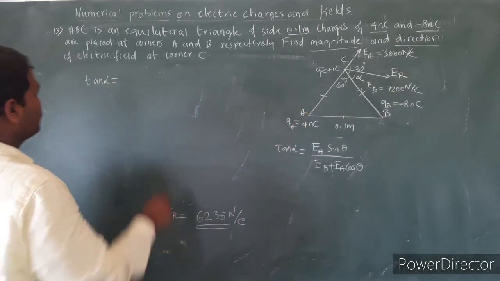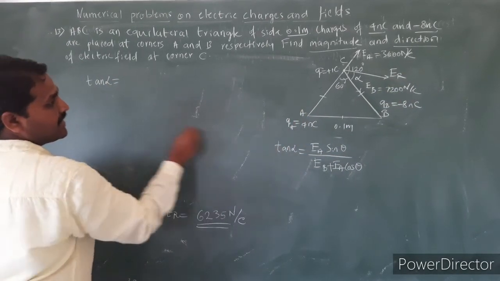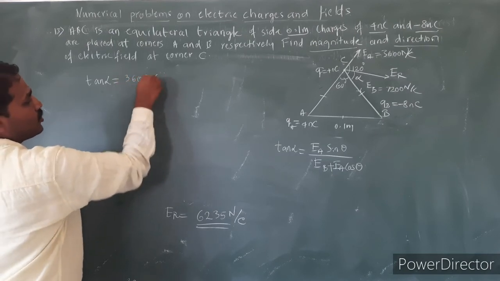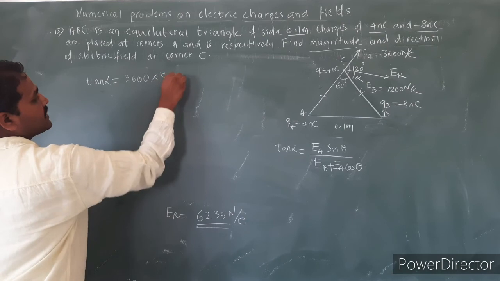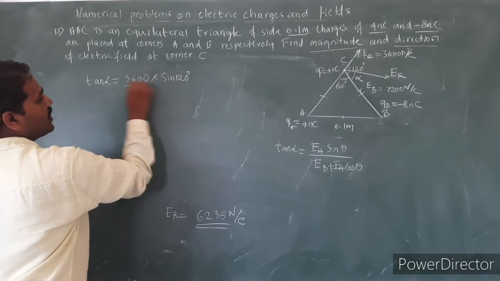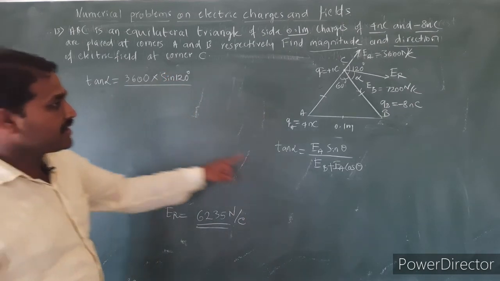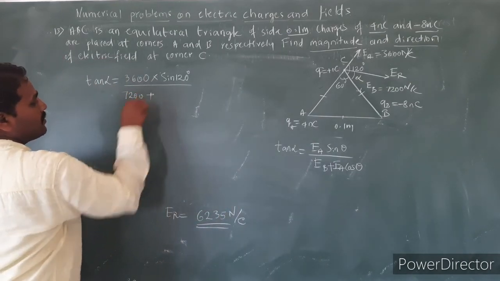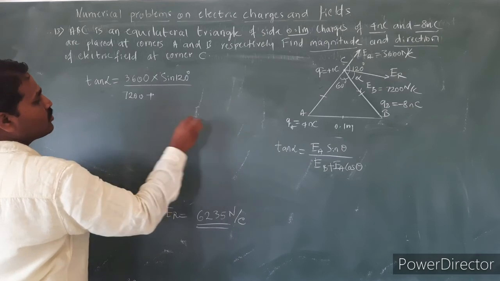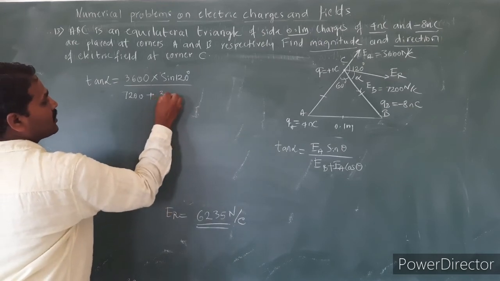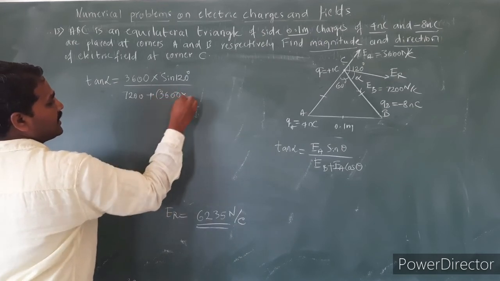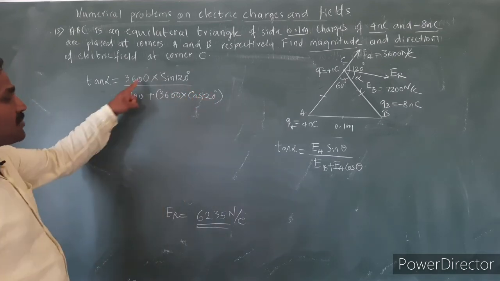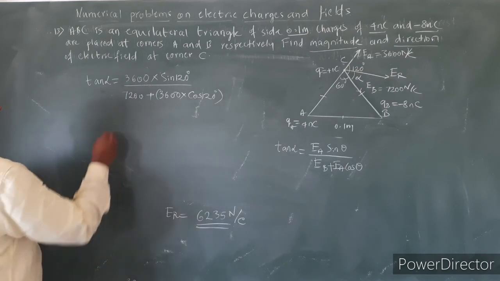So tan alpha is 3600 into sine of 120 degrees, since the angle between both vectors is 120 degrees, divided by EB, that is 7200, plus EA into cos of 120 degrees, that is 3600 into cos of 120 degrees. Let us simplify this and get the value of alpha here.